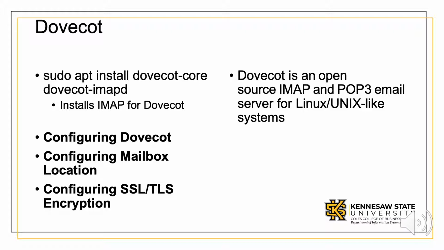To install it is super easy. You just go to sudo apt install, type in the rest of the commands, and it installs Dovecot for you. You install it, then you configure Dovecot.